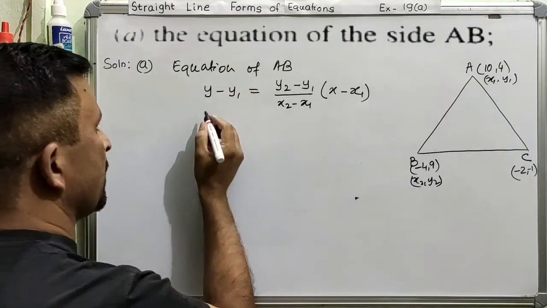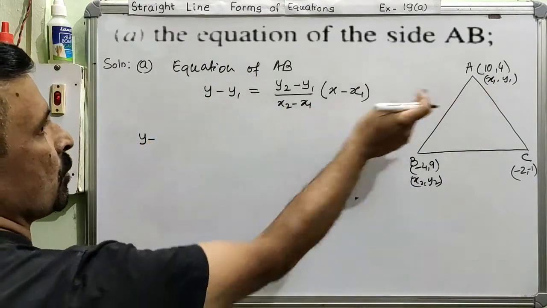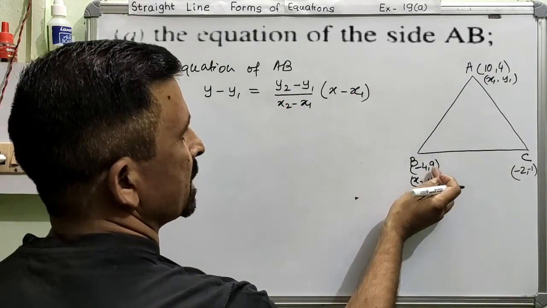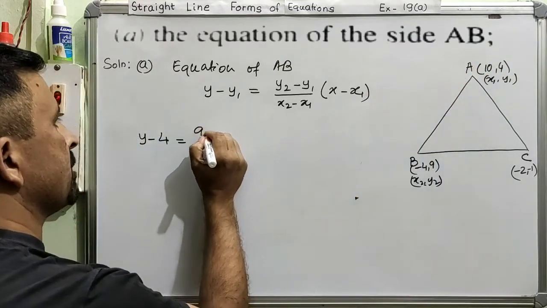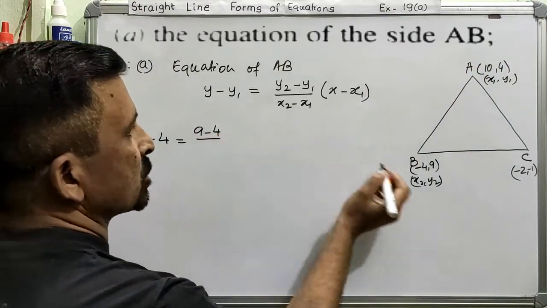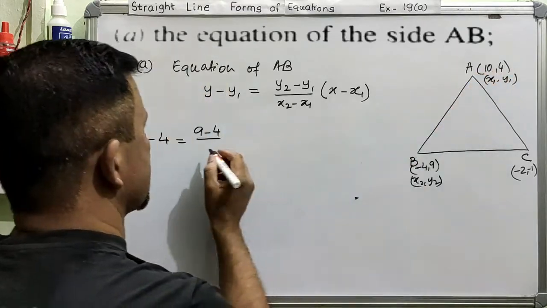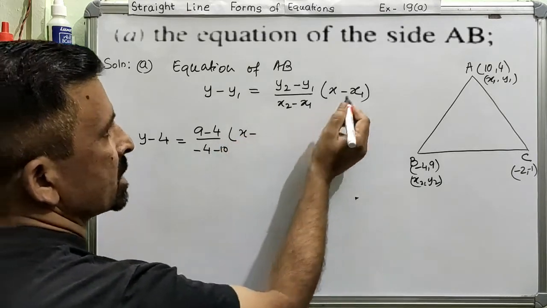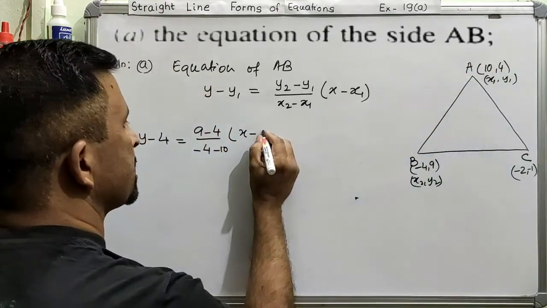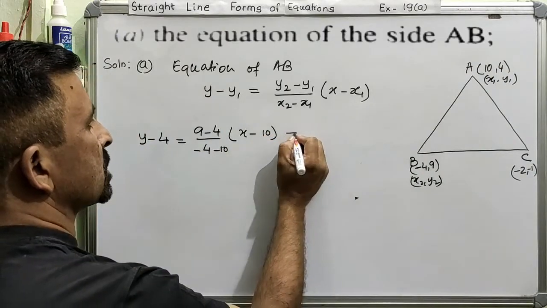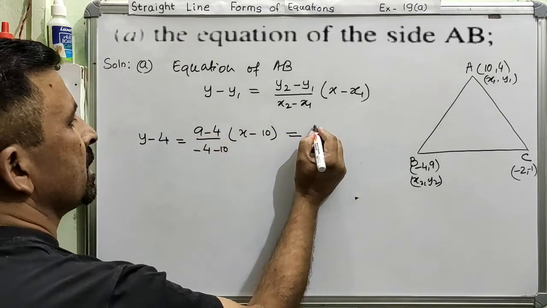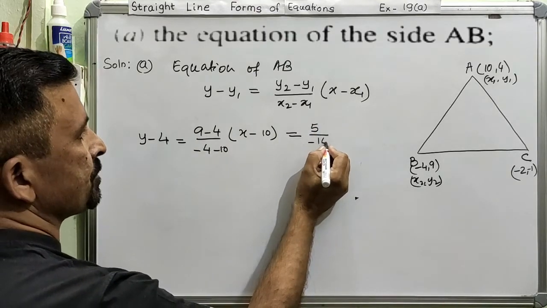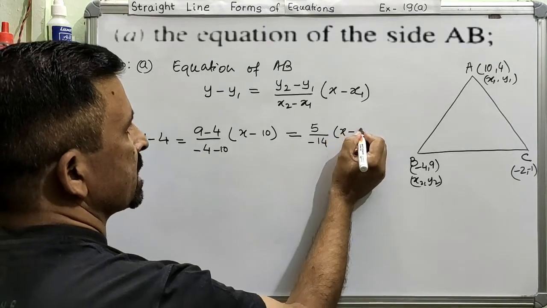Now put it in the formula. y minus y1, y1 is 4, is equal to y2 minus y1, which means 9 minus 4, over x2 minus x1, minus 4 minus 10, into x minus x1, and x1 is 10. Now we can calculate. The right hand side: 9 minus 4 is 5, and minus 4 minus 10 is minus 14, and then x minus 10.